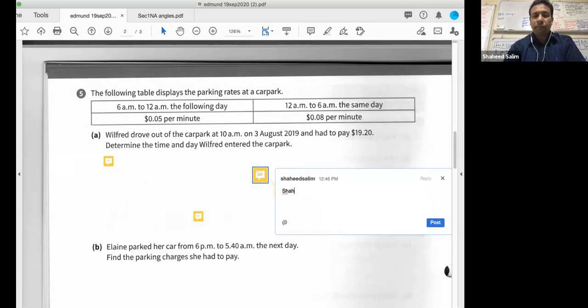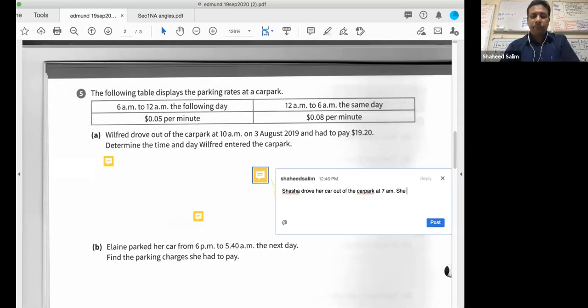Shasha drove her car out, sorry, of the car park at, let's see, 7 a.m. Okay. All right, hold on. Sorry, just give me a moment. I need to calculate.